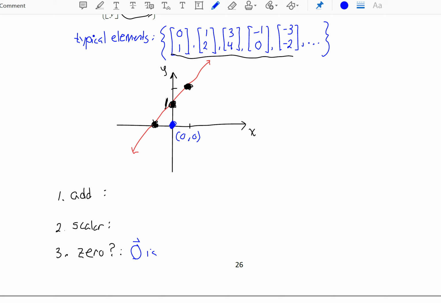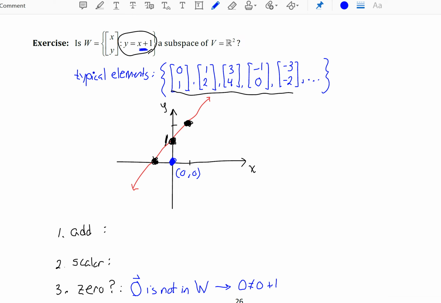Notice that 0, 0 is not in your set. Zero is not in W, since it does not go through the origin. And notice that 0, 0 does not satisfy my equation. 0 is not equal to 0 plus 1. Here I'm letting x and y both be 0 in our original equation. It does not make an equality.